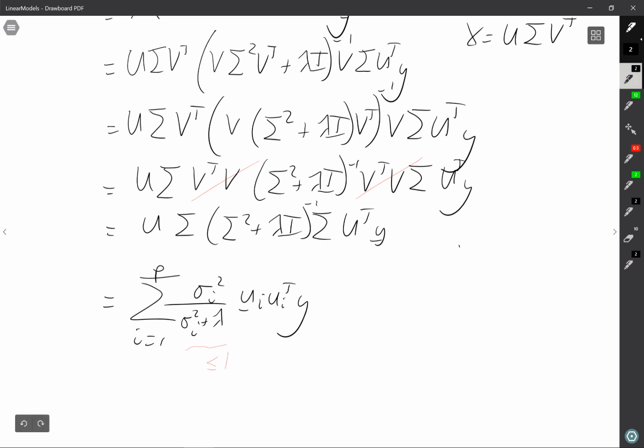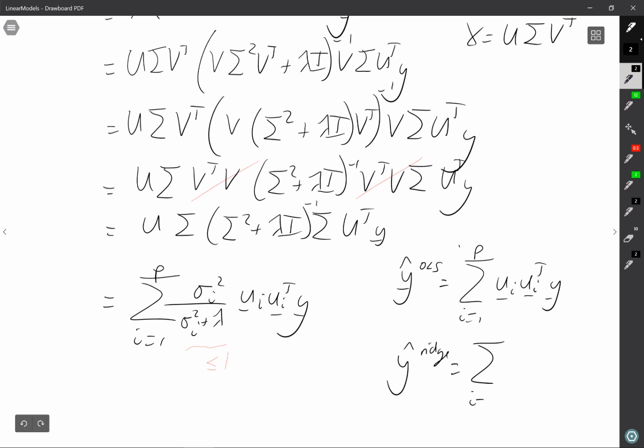So what we had before, if you remember, for OLS, the fitted values were just the sum from i equals 1 to p of u_i u_i transposed y. And for PCR, we had the sum from i equals 1 up to k of u_i u_i transposed y. So PCR took this sum and truncated it, just took the first k terms.